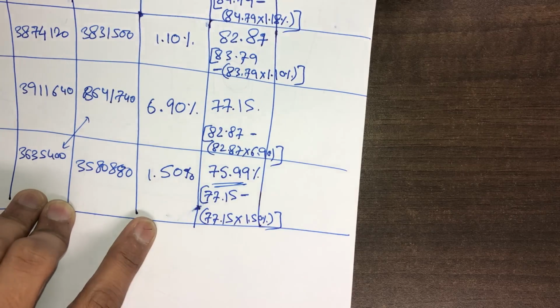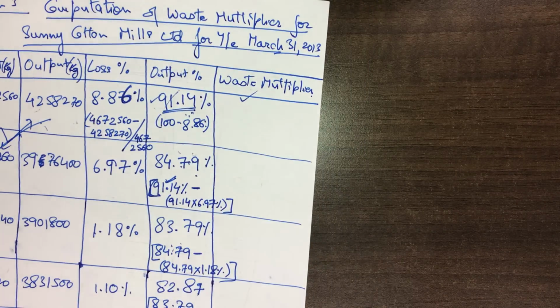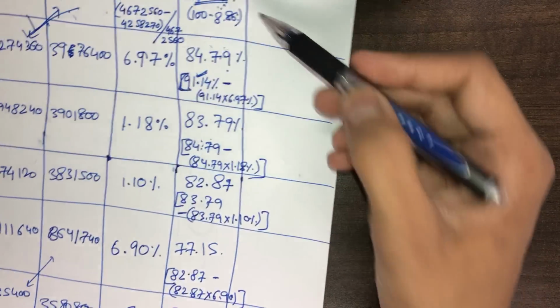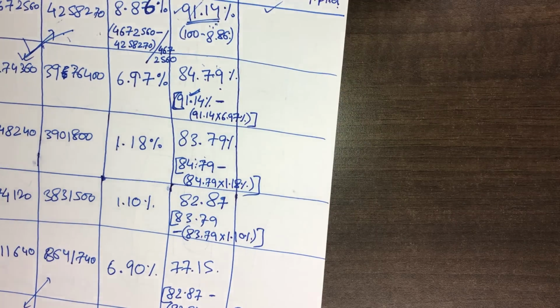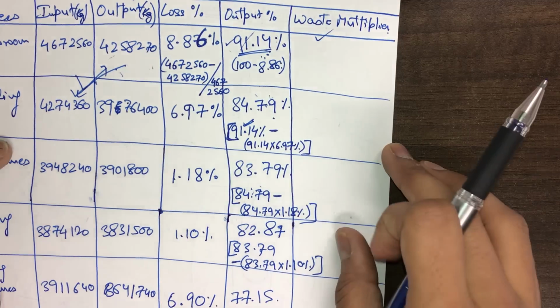So 75.99% becomes the output of the last process. Now it's very simple. Now we have computed the outputs of each of the processes without disparity in the inputs and outputs.